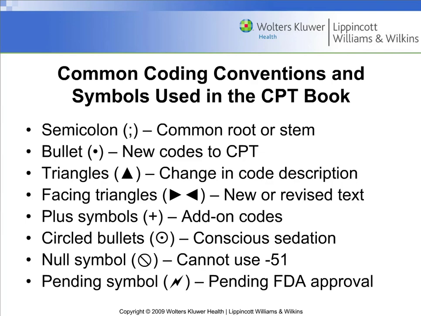So in reading the descriptor of this particular code, 36511, that is how you would read it: therapeutic apheresis for white blood cells. But if you were to have therapeutic apheresis for red blood cells, then you would need to use the code 36512. Really how you do this is, it's like shorthand in reading this.